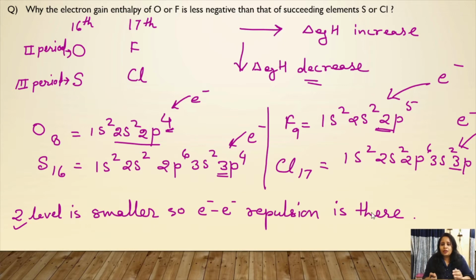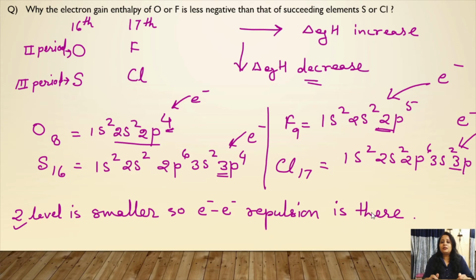The fluorine is very small in structure and it is very difficult to add one more electron in that smaller structure because there is a lot of cluttering effect, more electrons, and they will repel the upcoming electron. They don't want to take one more electron. That's why it is difficult to add one electron in comparison to the chlorine.